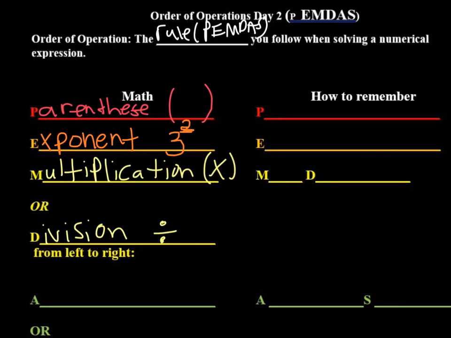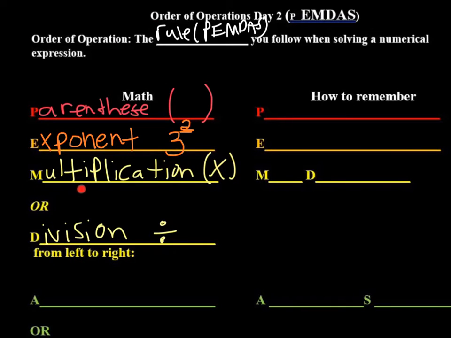In your homework, I think this is where the multiplication and the division confused you guys the most, as I was looking at your assignment. Remember, in multiplication or division, you do it from the left to the right.